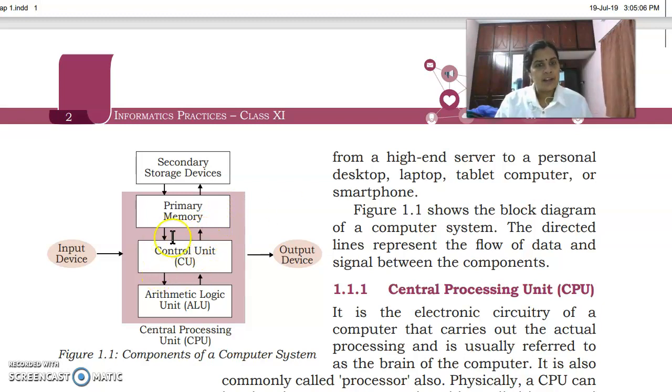Memory unit is controlled by control unit which is in CPU. So CPU is directly connected to the memory unit. This control unit and arithmetic unit together is known as CPU. So this CPU can send instruction to the memory to store data and CPU can access data from the memory.